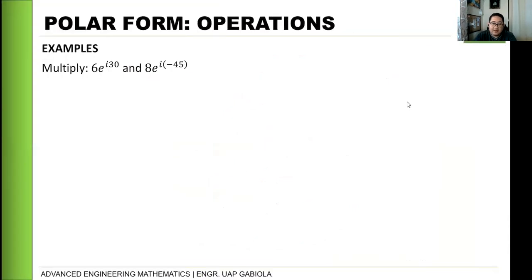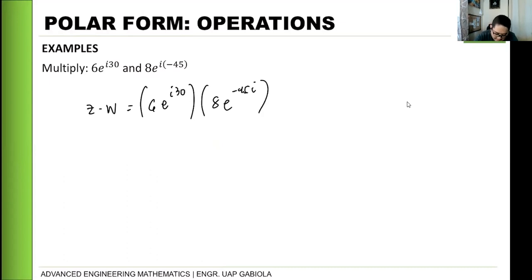So let's say we have these complex numbers in exponential form: 6e^(30i) and 8e^(-45i). We need to multiply them. I'll use the notation from earlier. So 6e^(30i) multiplied by 8e^(-45i).